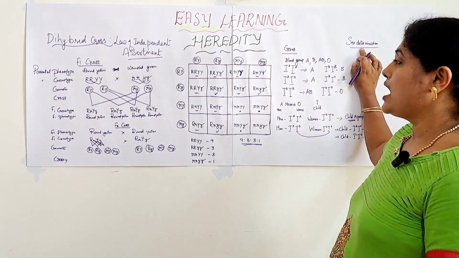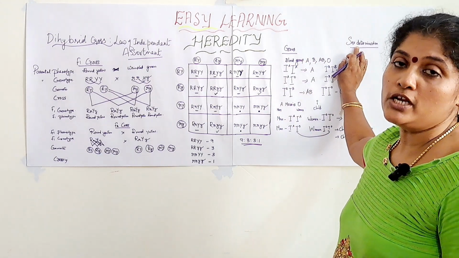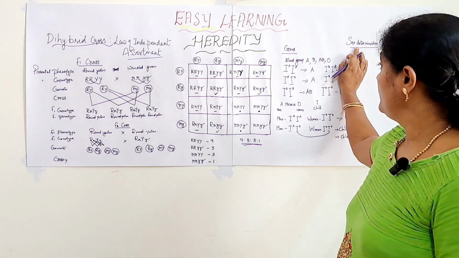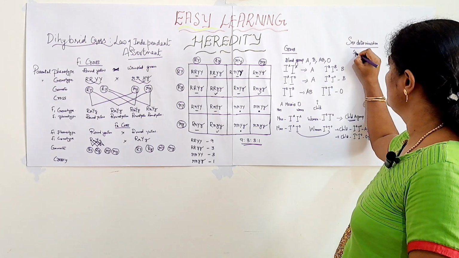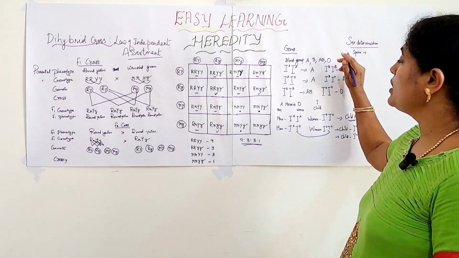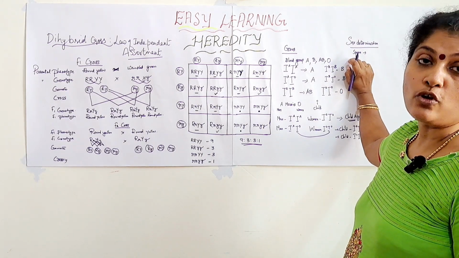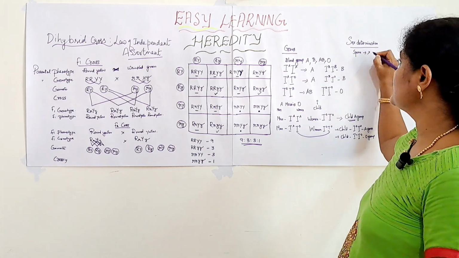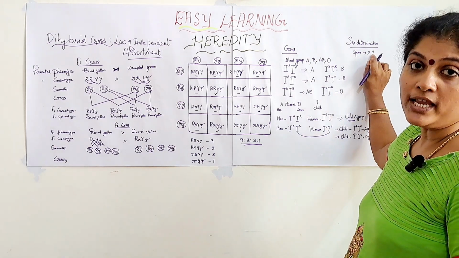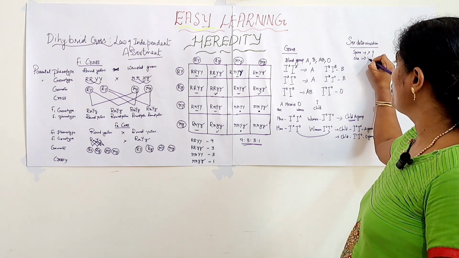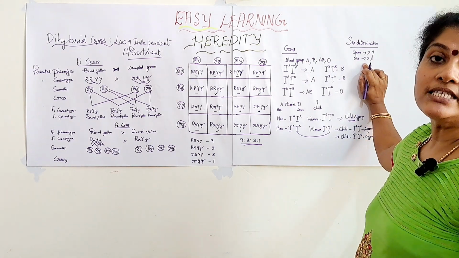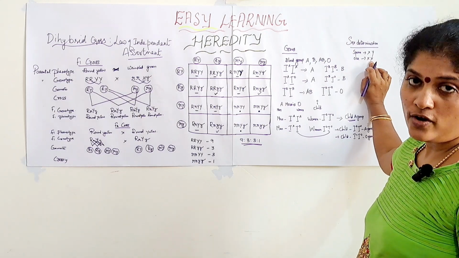When we consider how the sex determination of a child is done, the male gamete, that is the sperm, has two types of chromosomes. One is the X chromosome and the other one is the Y chromosome. Whereas the female gamete, the ova, has only the X chromosome, which is only one variety of chromosome.